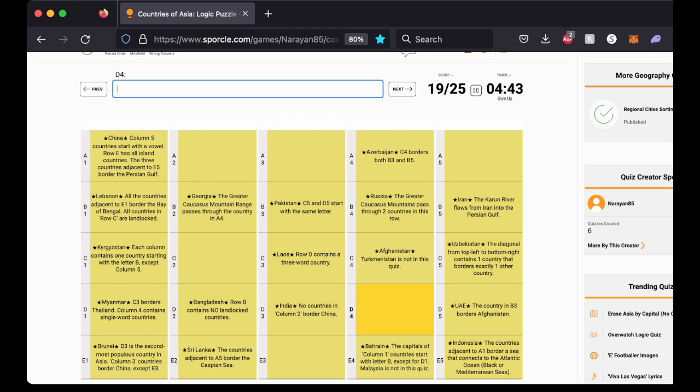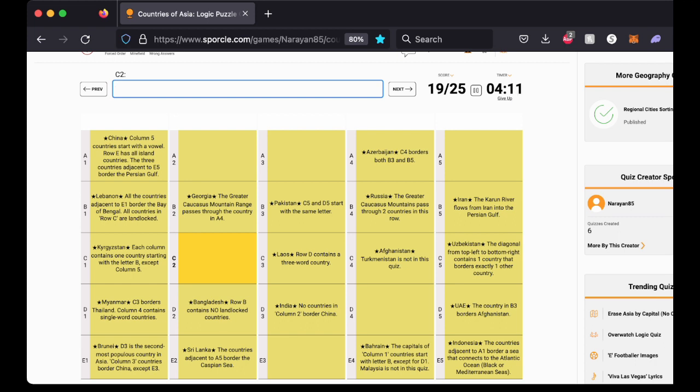Now there's Iraq, there's Israel. I don't know yet. Another landlocked country that does not border China. Mongolia borders China. Turkmenistan's not in the quiz.